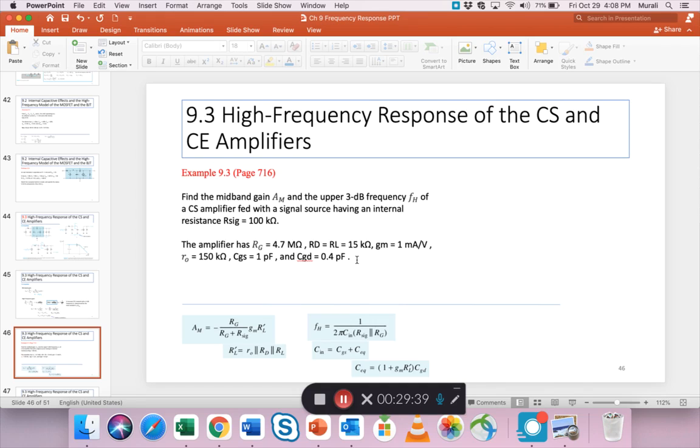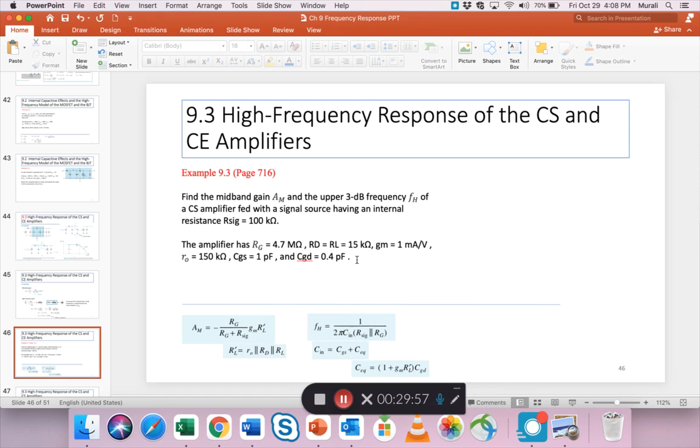It's a very straightforward calculation. Similarly, the equivalent capacitance CEQ is found using a formula. Then C in is CGS plus CEQ.